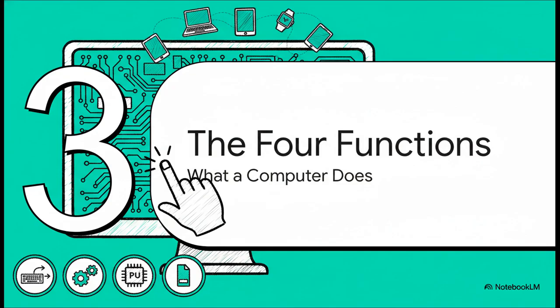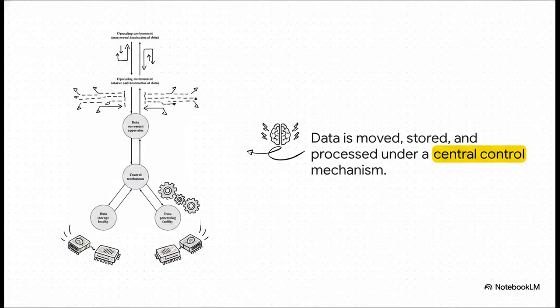So, let's zoom all the way out to that highest level and see how this all fits together. If we apply this idea of function to the computer as a whole, what is its job? Well, despite all the mind-boggling complexity, every single computer on the planet, from a massive supercomputer to the watch on your wrist, really only performs four fundamental jobs. So what are these four big jobs?